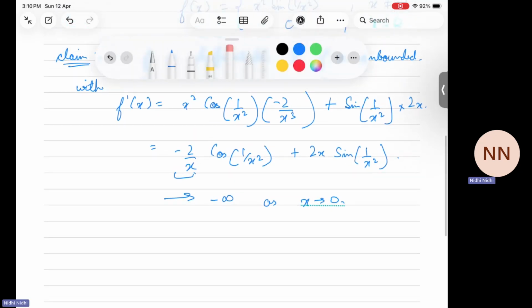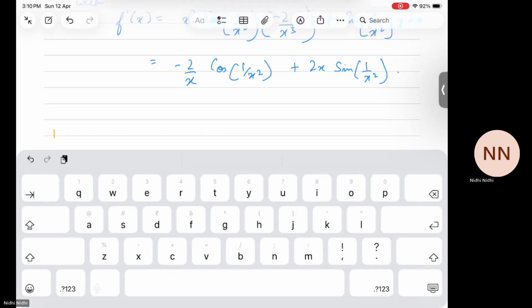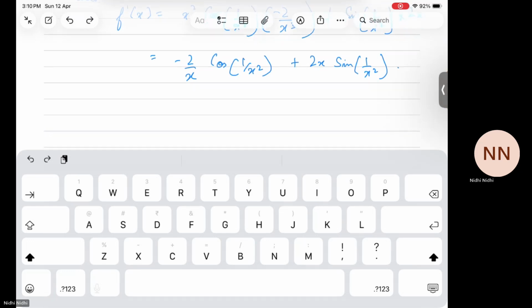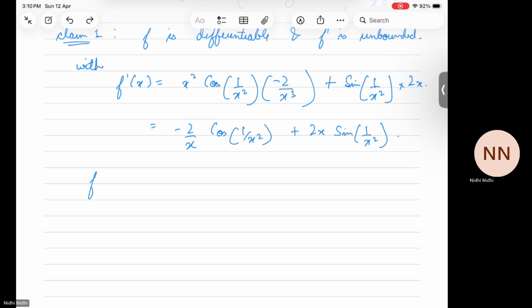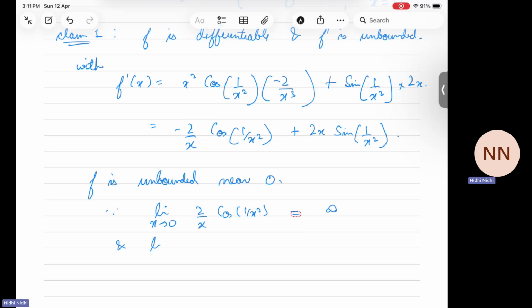So this is unbounded near 0. Since limit x tending to 0 of 2 by x cos 1 by x square is unbounded, this will be infinity, and limit x tending to 0 of 2x sine 1 by x square will be 0.